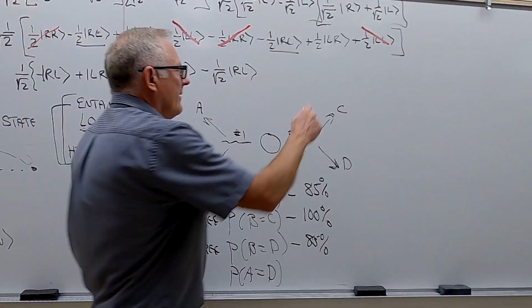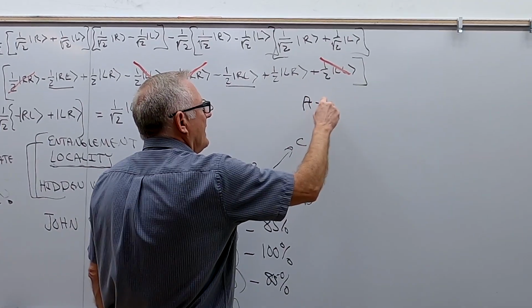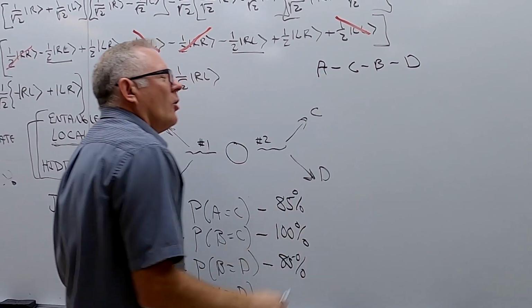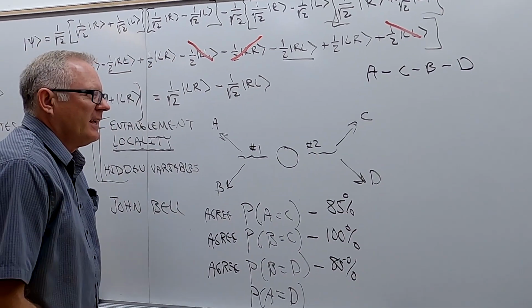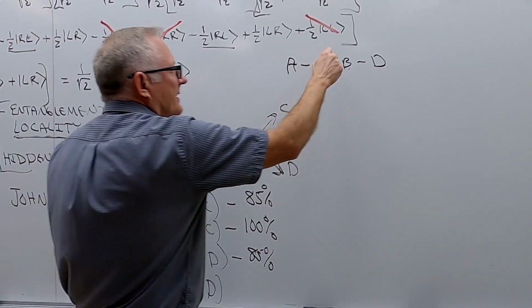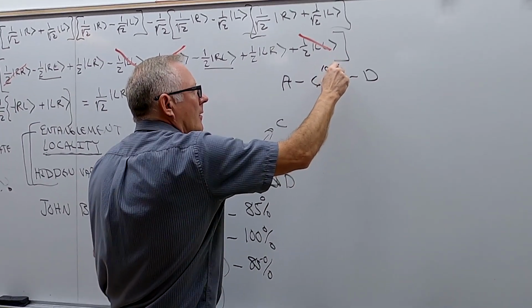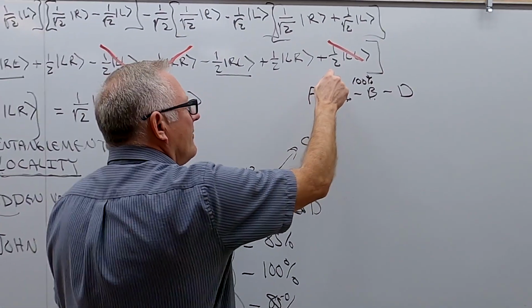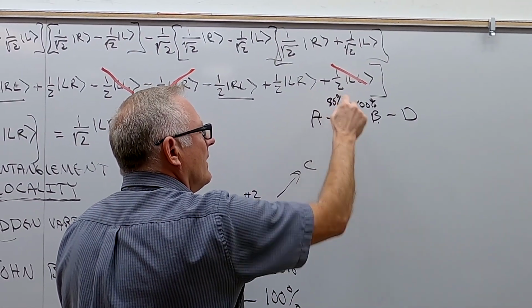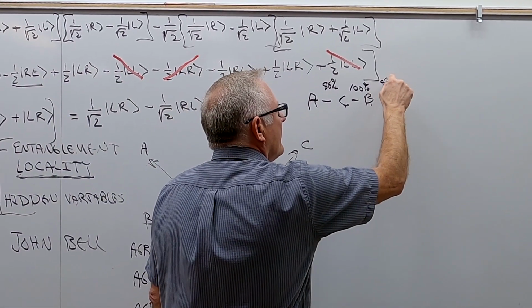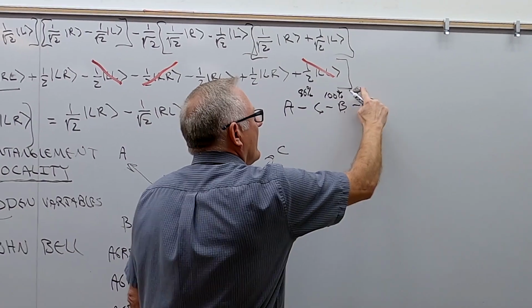So, if we just say A, C, B, D, and look at how much they agree, we already know C agrees with B 100% of the time, and A agrees with C 85% of the time, and B agrees with D 85% of the time.